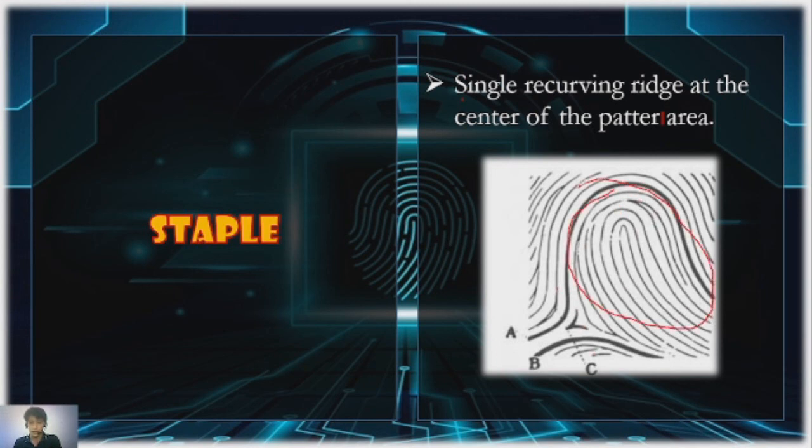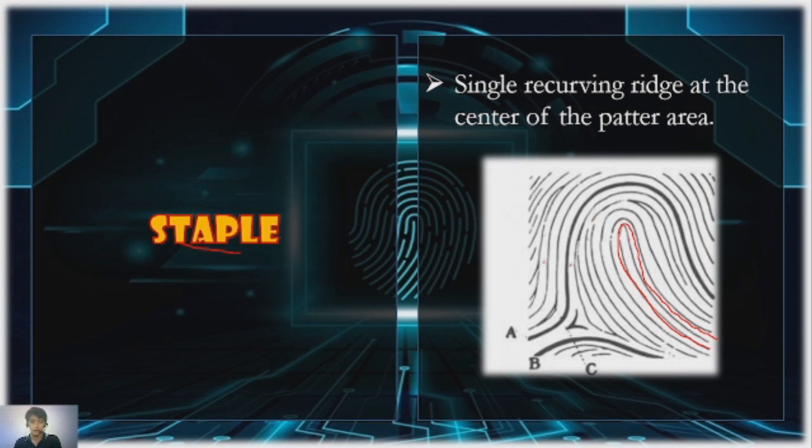Where is the center of the pattern area? We can see it here. And where is the single recurving ridge that we can find in the center? This is the centermost recurving ridge, and that is what we call a staple.